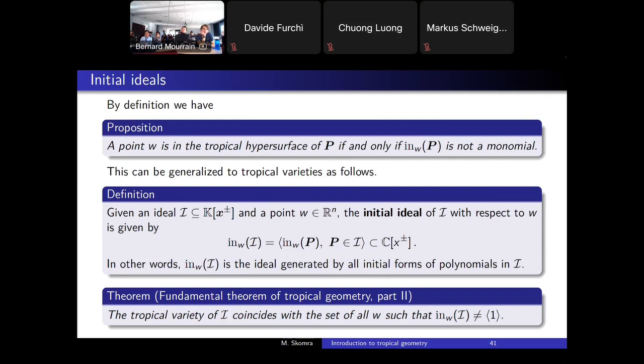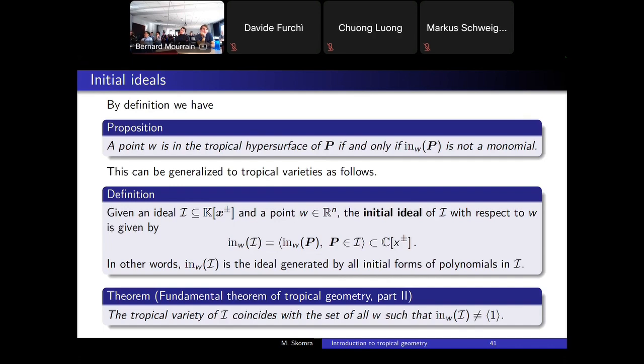Well, in the Laurent case; and if you are in the polynomial case, then you have to replace this by the condition that the initial ideal doesn't contain a monomial. So this is another way of defining a tropical variety, and this is the way that people use in computation because ideals over complex numbers are something a bit more familiar.